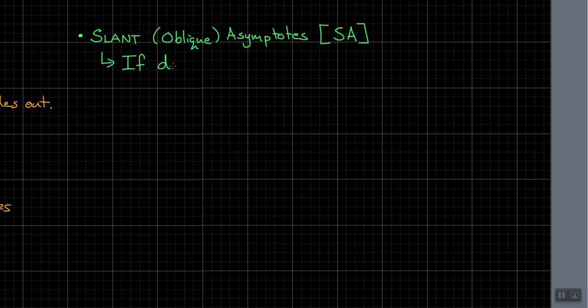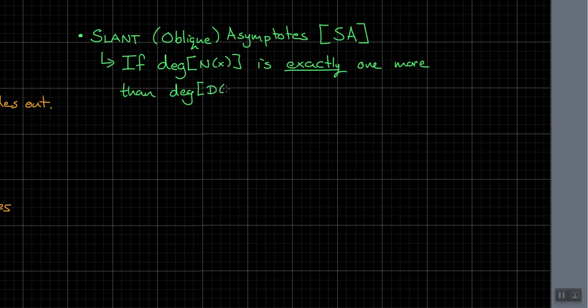If it turns out that the degree of our denominator, if the degree of n of x is exactly, and I'm going to underline that because that part's important, exactly one more than the degree of d of x, if the numerator is exactly one more degree than the denominator, then we have a slant asymptote.